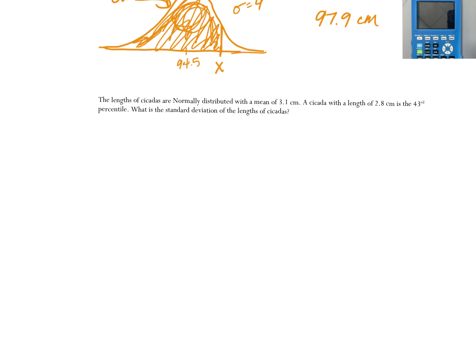The lengths of cicadas are normally distributed with a mean of 3.1. And we find out that a cicada with a length of 2.8 is at the 43rd percentile.